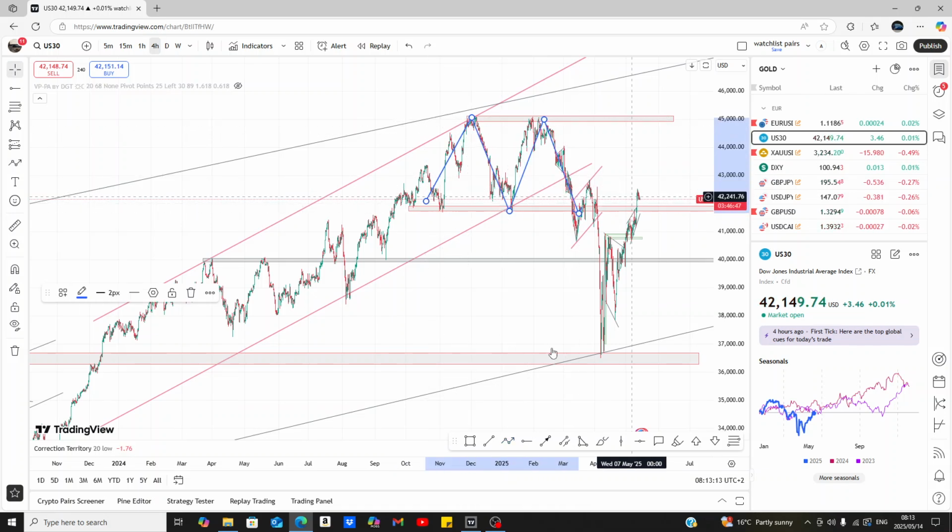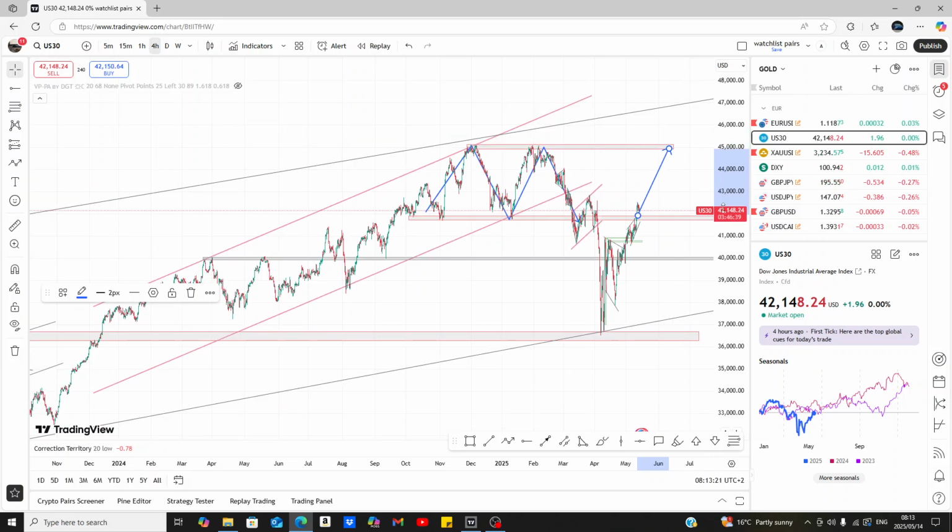So now that price is back within this ranging environment, very possible that price could test the zone and possibly even break the zone. But the main target for now is for price to reach the zone. So that could be a very possible future for US30, since we are in an uptrend and we have entered this previous range.